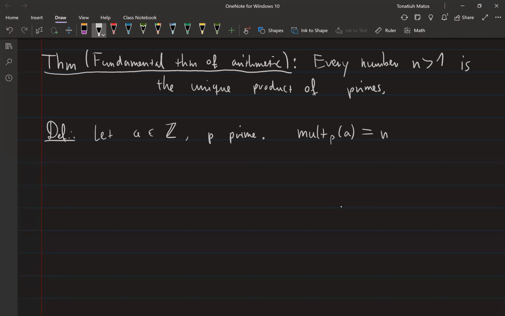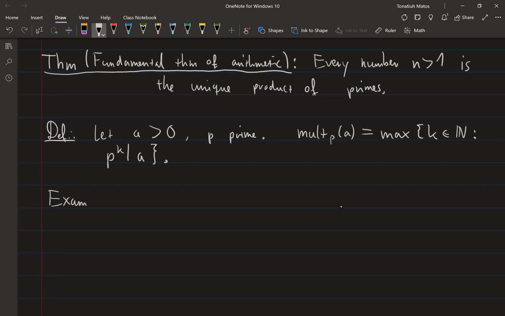This will be the biggest number, the biggest exponent k, natural number, such that p to the k divides a, right? So if you take an integer, and actually now that I think about this, we might need for this to be bigger than 0, otherwise it won't make sense, right?